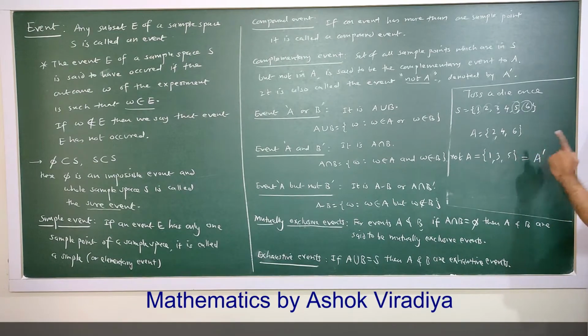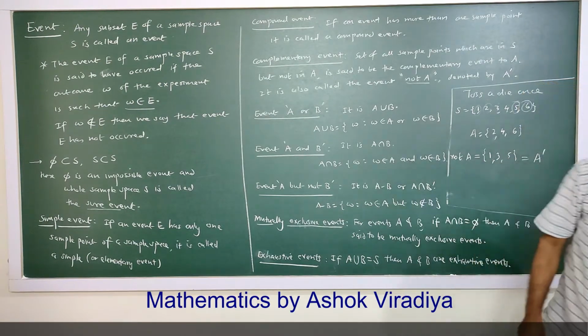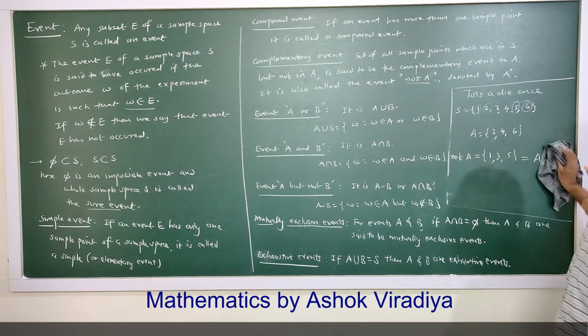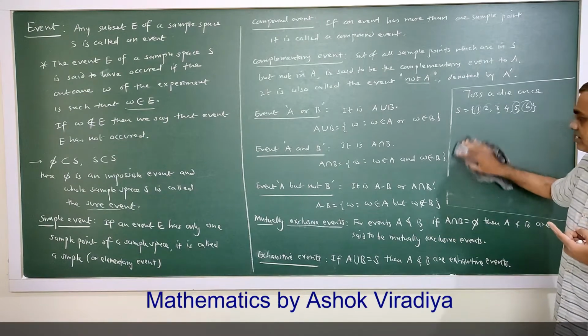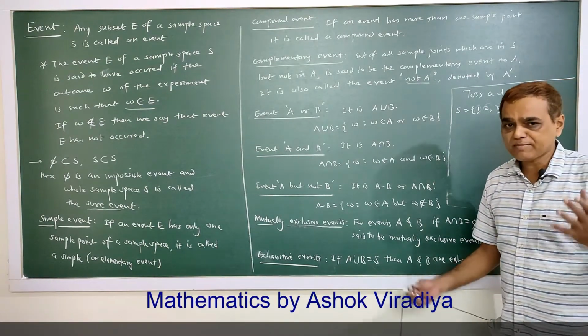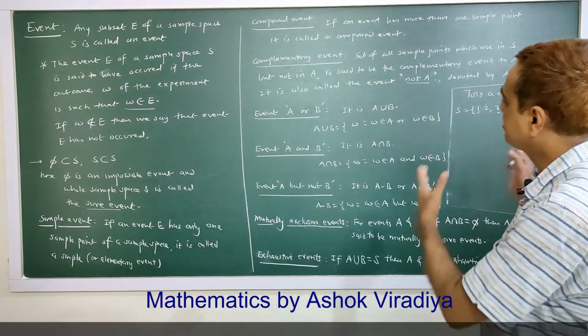It is the complement of event A, the complement event. So what is this similar to? The complement of a set. In set operations we had the word complement of a set. Similarly here, complement of an event.